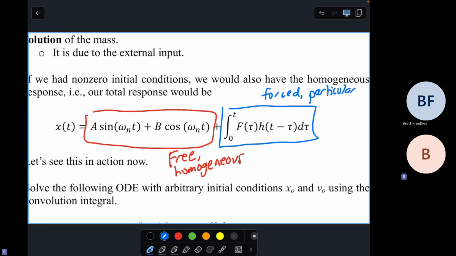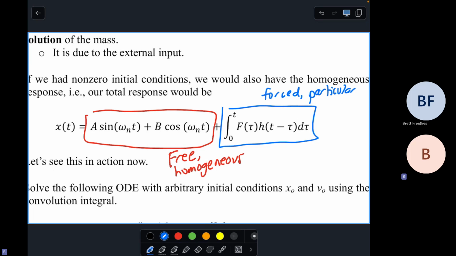So you can do convolution first, get what the particular response is, and then do initial conditions. If one of them is not zero, you would have to do this, because you don't know what A and B might end up being.